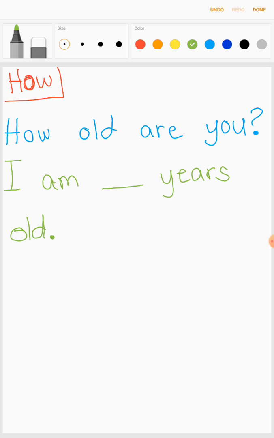Okay. So we learned about the word how today. How is a word we can use to find the cause, amount, or extent of something. So we could say, how old are you? How long is it? How heavy is it? How much does it cost?